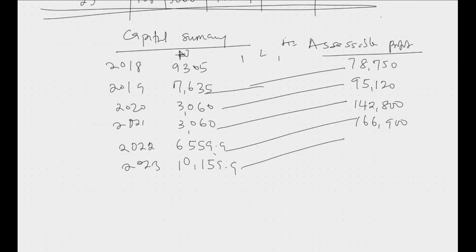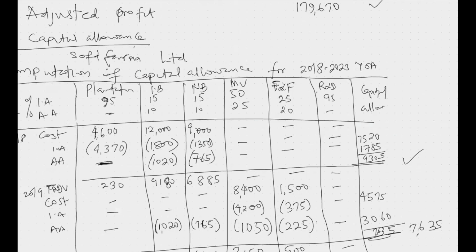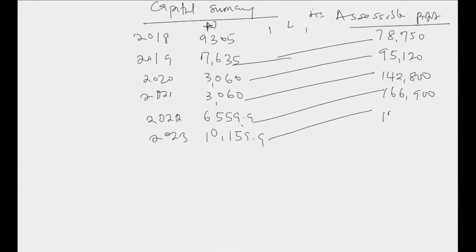We call the figure from the other time, 179,670. Right? So for the capital allowance that we calculated in 2018, now let's see something. If this company just commenced operation, then we will grant the capital allowance in 2019.